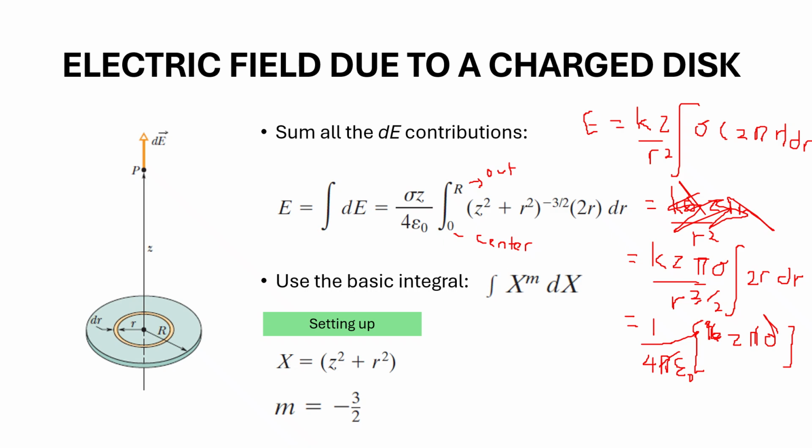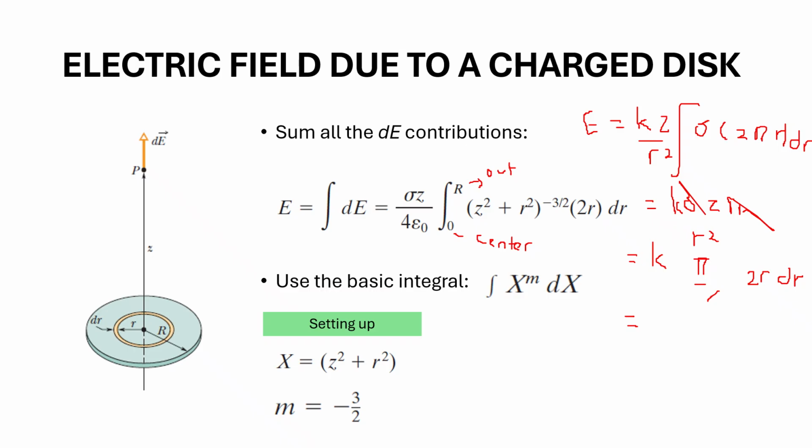So you are setting up the things. Okay, let's try. So let's say you already have (z squared plus r squared) to the power of negative 3 over 2, times 2r dr. Setting up, let's say z squared plus r squared is u.